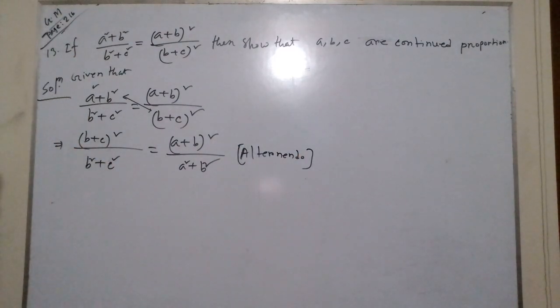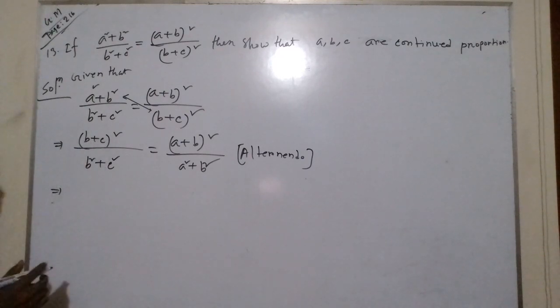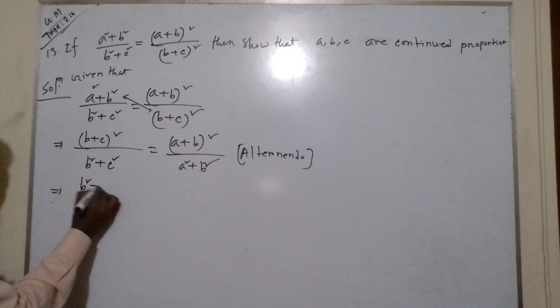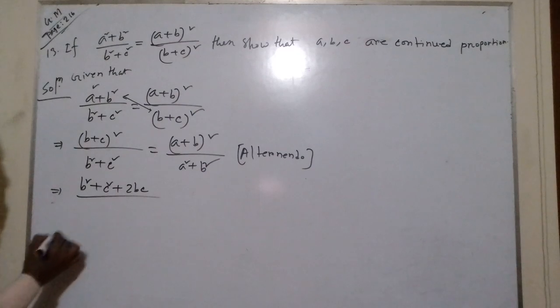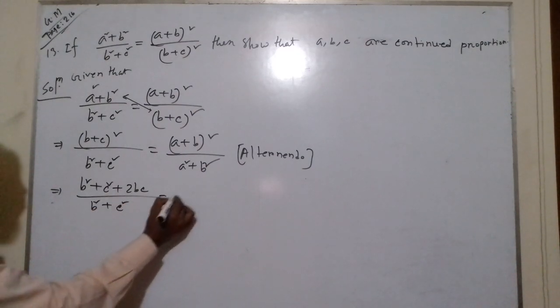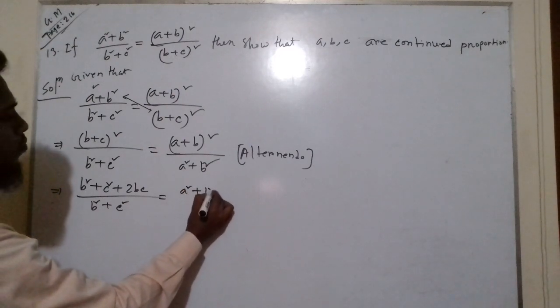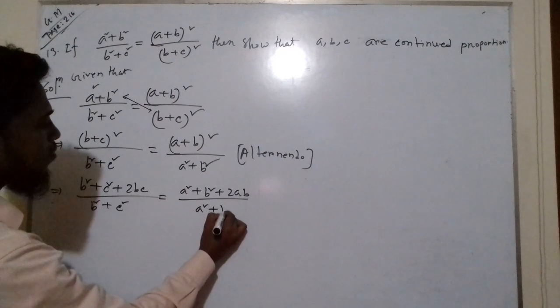So we can write b plus c whole square, that means the formula of a plus b whole square, this is b square plus c square plus 2bc divided by b square plus c square equals a square plus b square plus 2ab divided by a square plus b square.